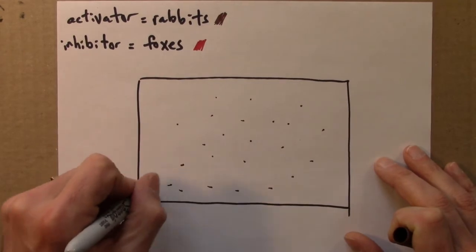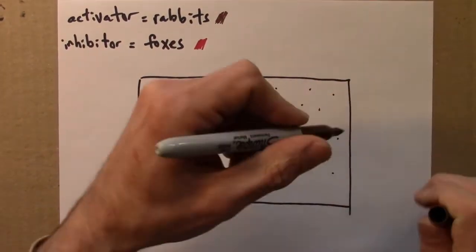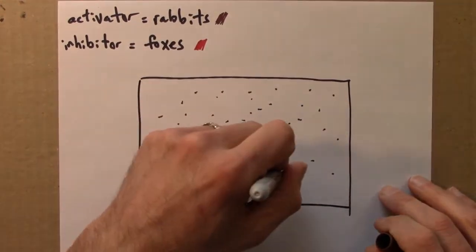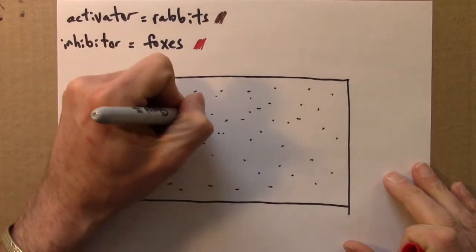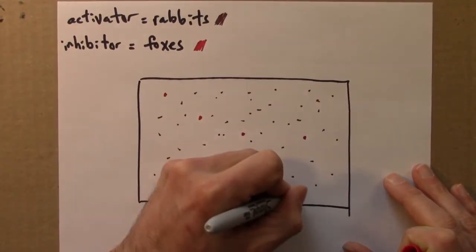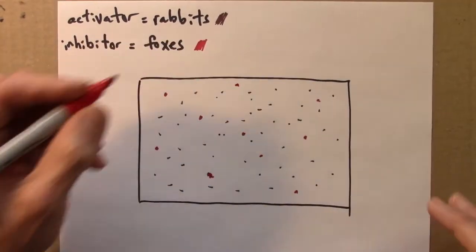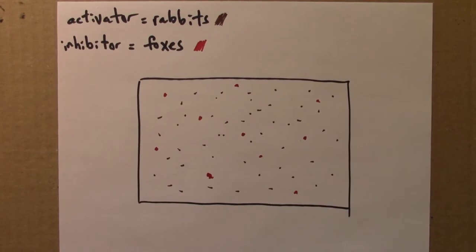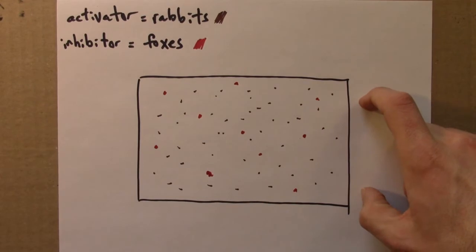So choose it at random. And then some foxes. I'll try to draw the foxes a little bigger, maybe so they're a little more visible. Okay. So there's a possible initial condition, rabbits and foxes spread out across this world.